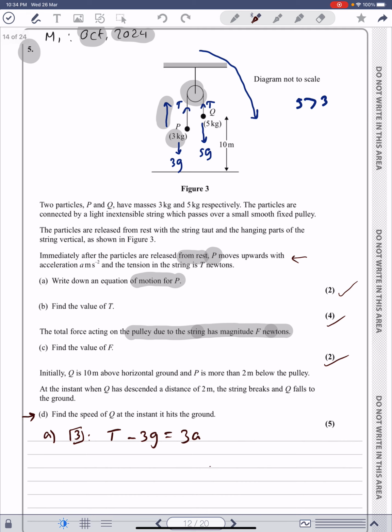I will be showing this information on the last page, not on this. I'm just reading the question. At the instant when Q has descended a distance of 2 meters, the string breaks. We have to pay attention to these keywords. And Q falls to the ground. Find the speed of Q at the instant it hits the ground.